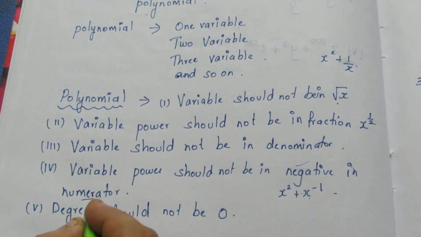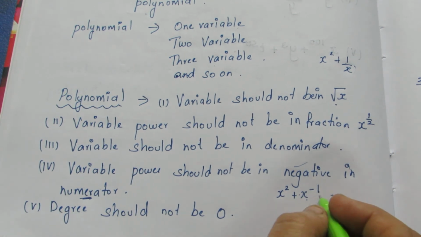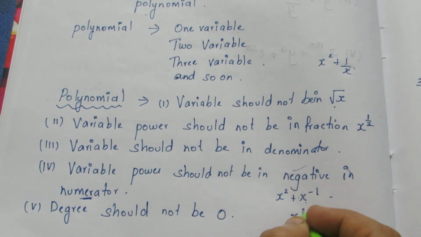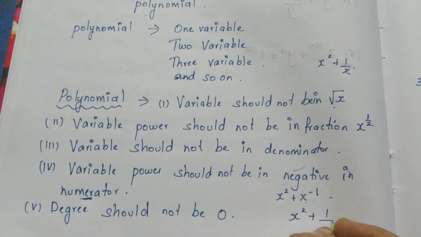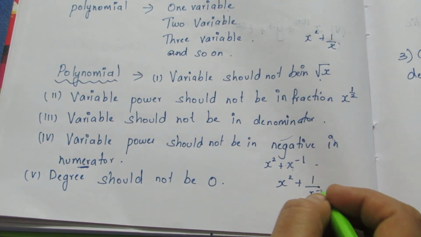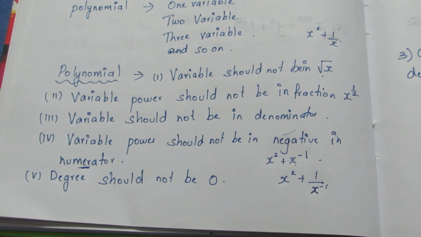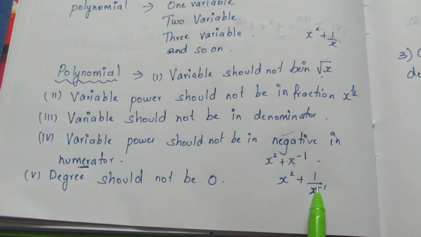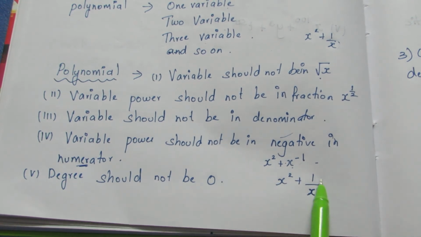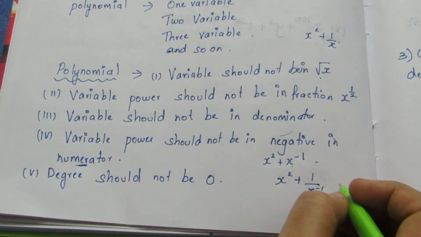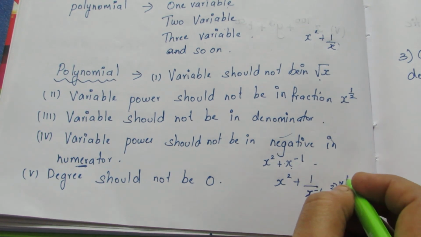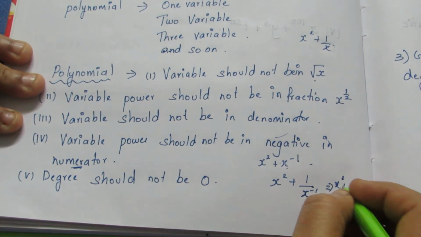Be careful with this. It should not be negative in the numerator, but it can be like this, 1 by x power minus 1. Tell me why we can write in this form. This is a polynomial. Tell me for what reason this will be a polynomial. Here, if there is a negative power in the denominator, we need to take the reciprocal. We need to write it as x square plus x.